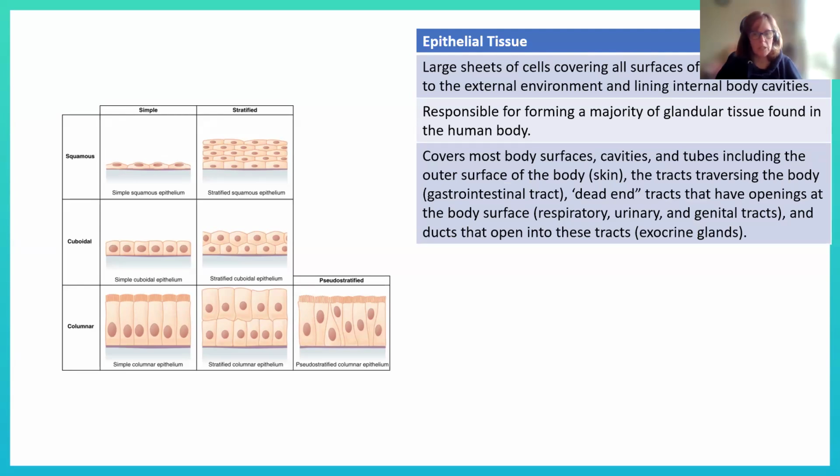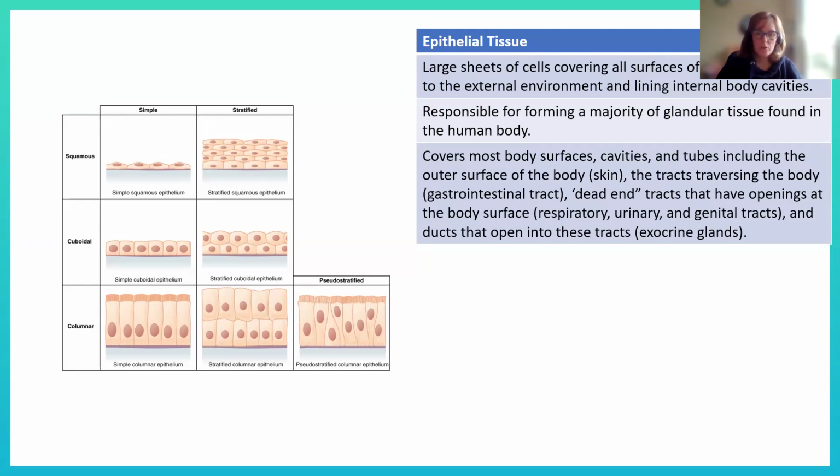So it covers most of the body's cavities, as we said, the gut, the outer surface, the skin, but that's a different type of specialist compared to some of the ones that we've been looking at. And what are referred to as dead end tracts. So rather than the digestive system, which has got a hole at one end and a hole at the other, and things pass right through, things like the respiratory surface, there's only one way in and one way out, genital tracts as well.